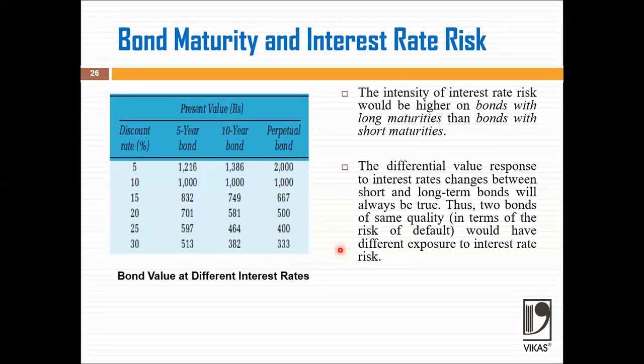Assume that friend A asks for some amount of money, and he promised that he will give back that money in 1 week, right? And friend B comes and asks you the same amount of money, and he promises, I will give this money after 5 years. So which friend is riskier?